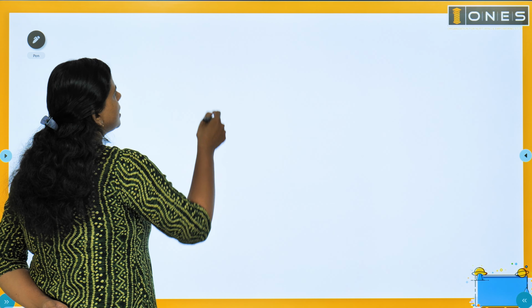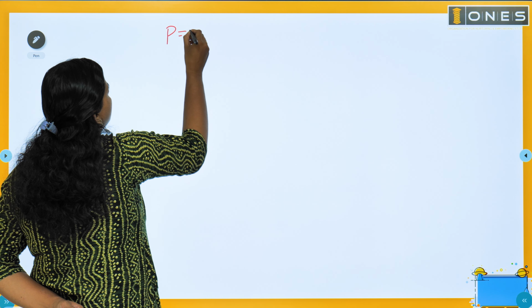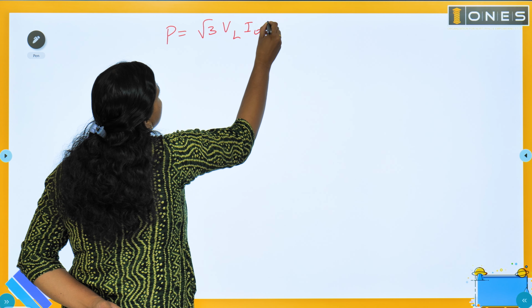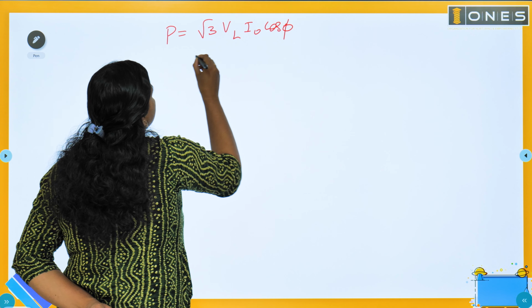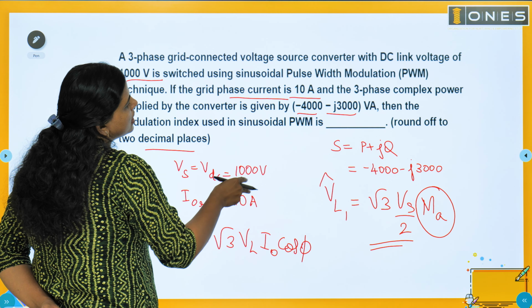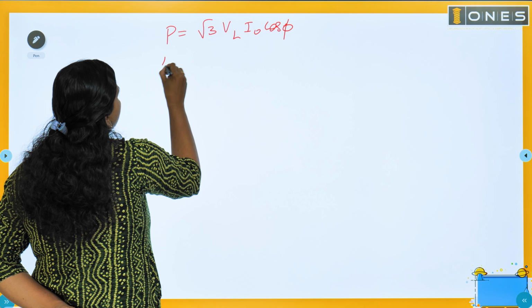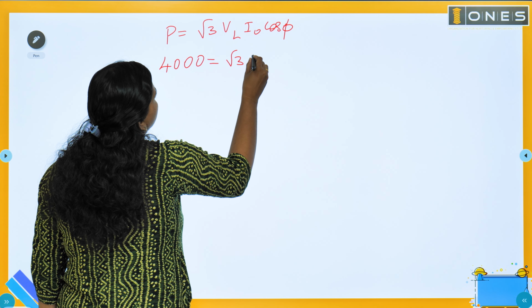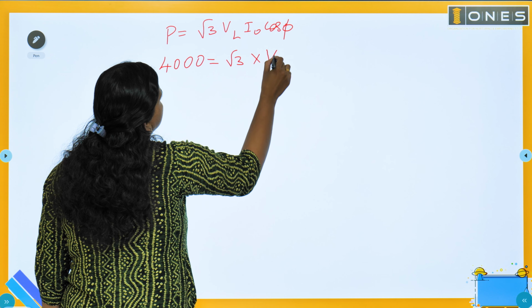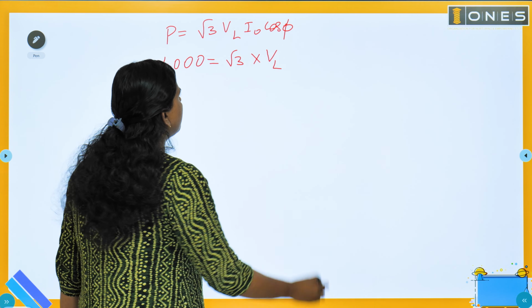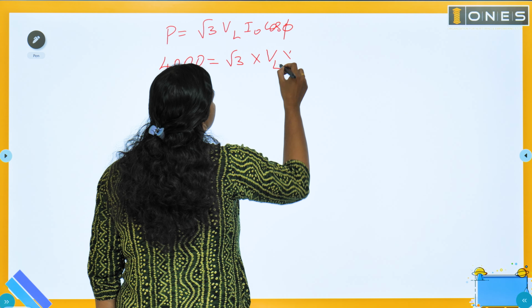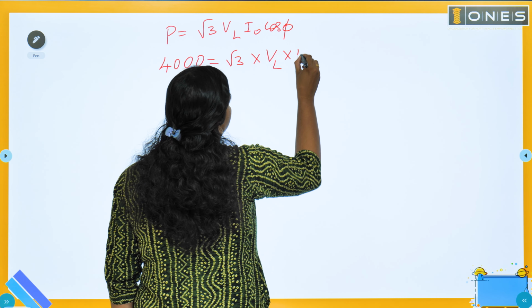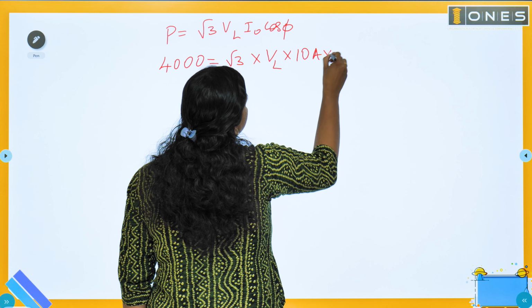So on substituting, P is equal to root 3 VL I0 cos phi. P is 4000 watt, so 4000 is equal to root 3 VL, where VL, the RMS value of the fundamental, we are supposed to find, into the current. The RMS value of the fundamental current is 10 ampere, and cos phi.